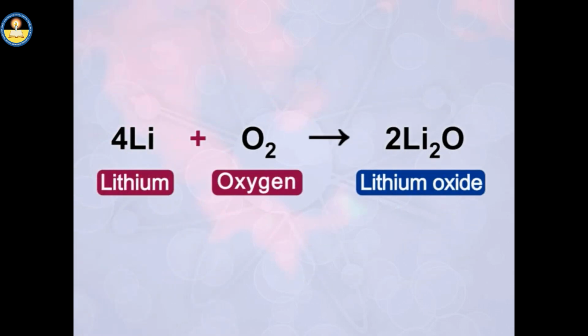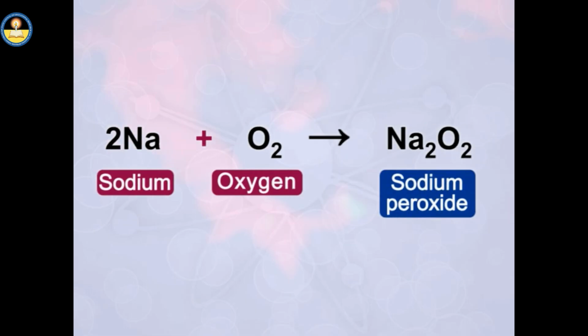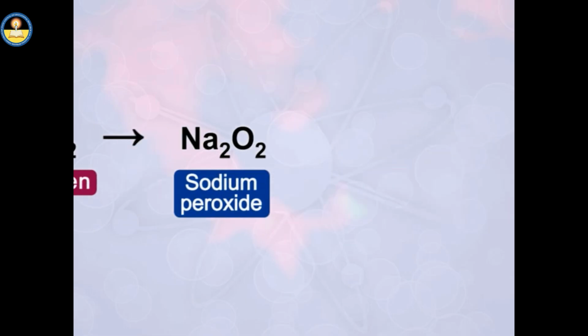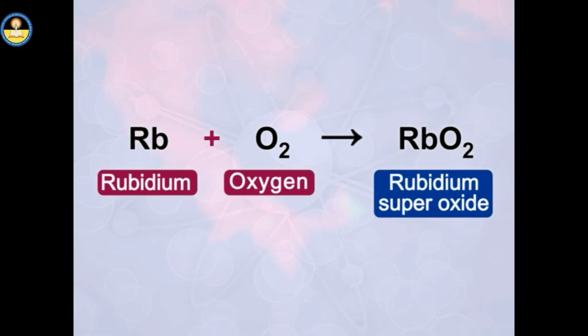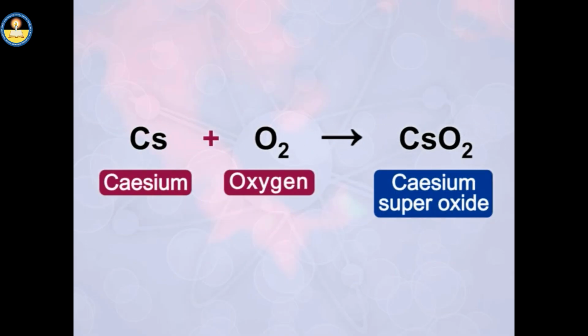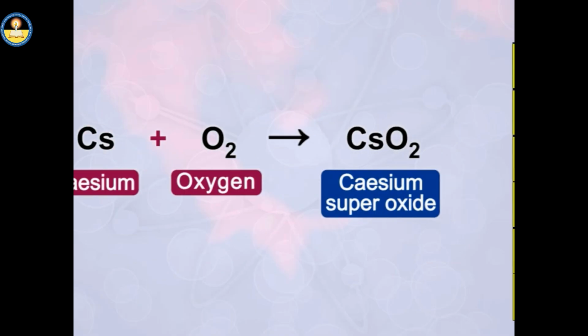Lithium reacts with oxygen to form lithium oxide. Sodium reacts with oxygen to form sodium peroxide. Potassium reacts with oxygen to give potassium superoxide. Rubidium reacts with oxygen to form rubidium superoxide. Cesium reacts with oxygen to form cesium superoxide.